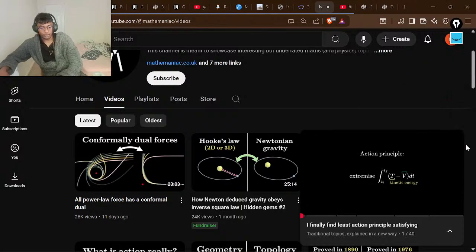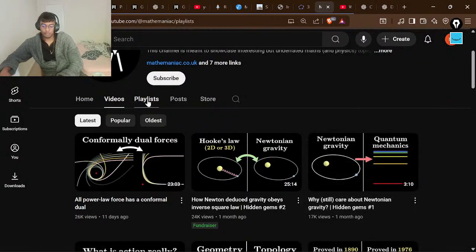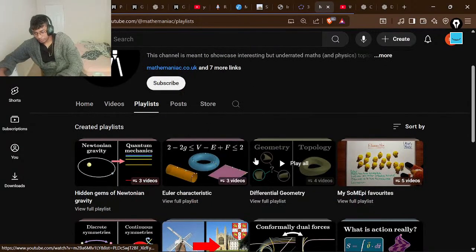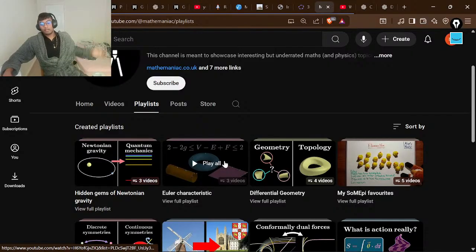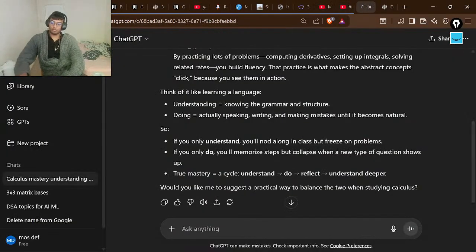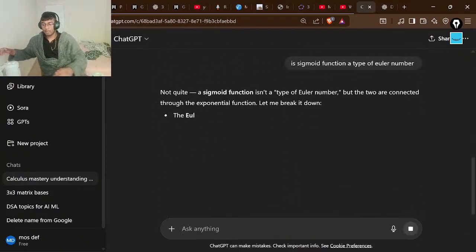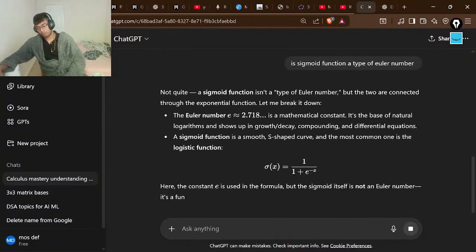I mean, I really admire these guys, bro. They're fucking Euler's. Yeah, what even? I think the sigmoid function is sigmoid function. Not quite.